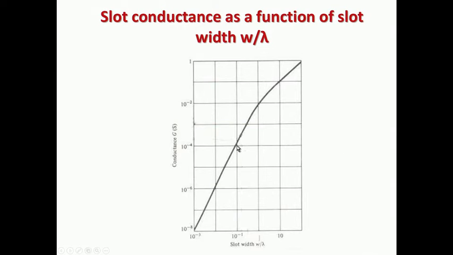Still, it shows that at small width we have sizable radiation taking place, but if the width is quite large, then the radiation becomes quite poor.